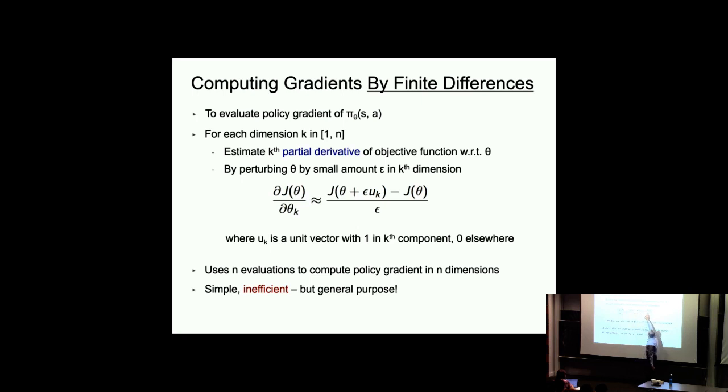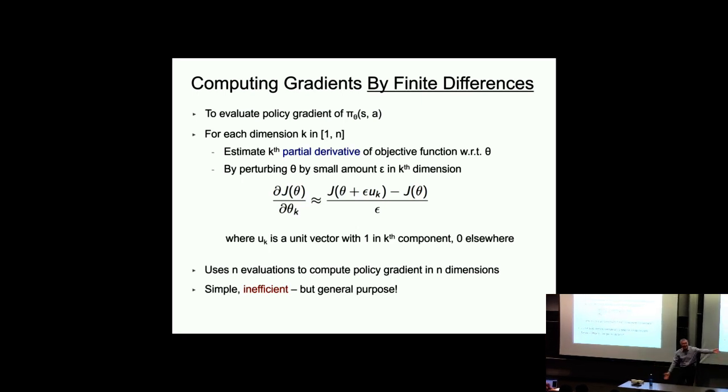This ratio, the difference between J of theta plus epsilon and J of theta, normalized by epsilon, gives us a very good estimate of the derivative. In fact, if we make epsilon smaller and smaller, in the limit as epsilon approaches 0, we have the definition of the derivative. So this is just something to keep in your toolbox of tricks.